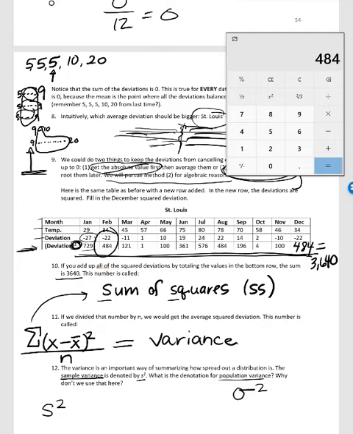If we were talking about every single temperature that they had, then that would be the population. We would use sigma squared. But really, this is just a sample. We find the average high for each of these months, and then we've got 12 data points. Those 12 data points are our sample of data.